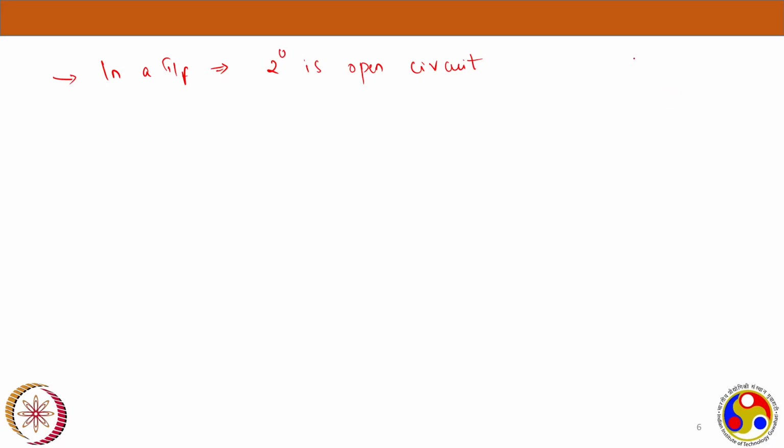So this is the primary and this is the secondary, and I have open circuited it and I have supplied some V1 and there is no circuit in the secondary. So whatever current it will draw, that will only be to magnetize the core.